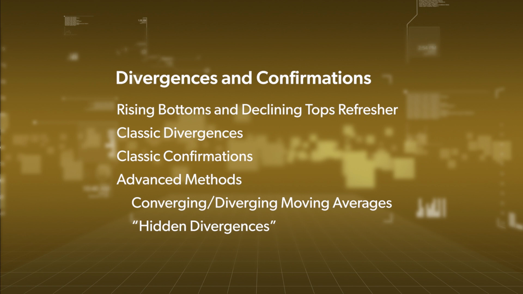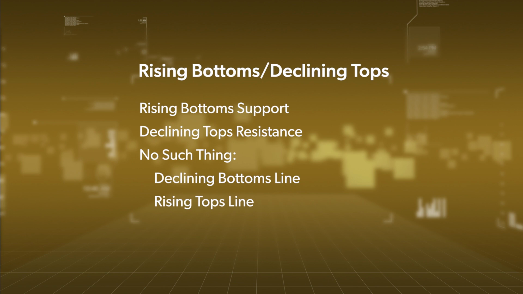So first of all, we need to look at what rising bottoms and declining tops look like. First of all, you want rising bottoms because that gives you support, or an area to watch for testing of price. And then declining tops, of course, forms resistance.